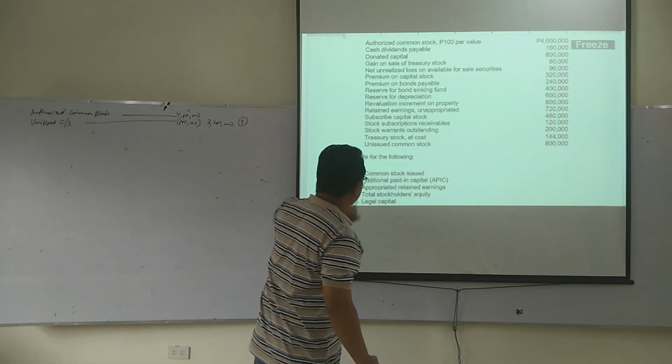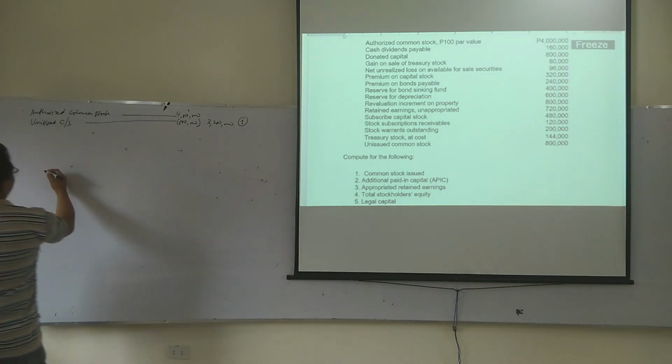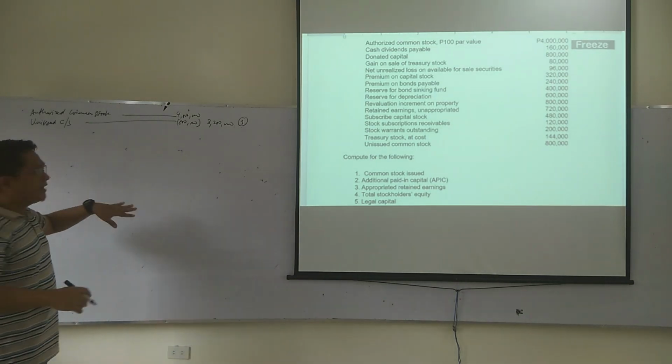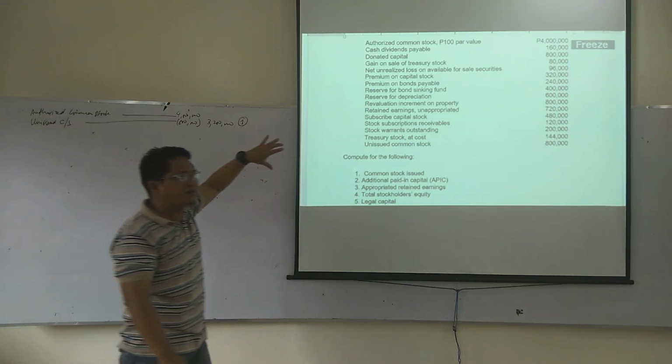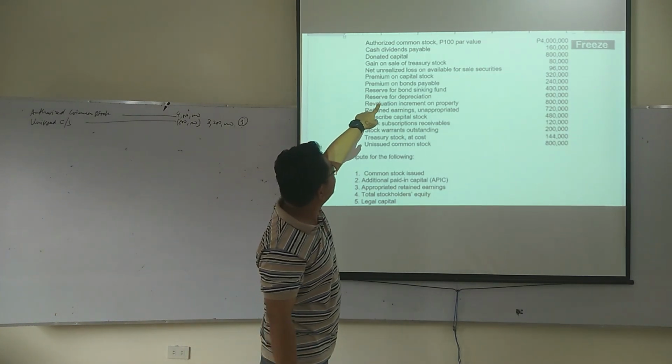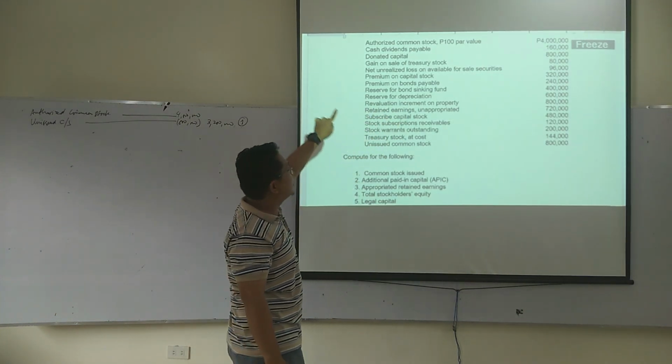Requirement number two is additional paid-in capital. So, as I've said, solving auditing problems requires planning for your solution format. So you have your issued common shares. Let's solve for additional paid-in capital. Your additional paid-in capital, of course, is comprised of, one, donated capital of 800,000.